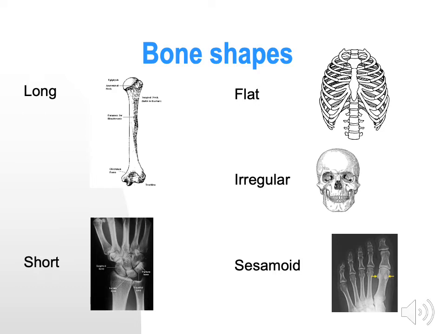Suture is a type of immovable joint where the bones are joined very, very tightly together by tough tissues, so no movement occurs. And we get them in between the bones of our cranium, so in our skull. And there may be very, very small bones within those sort of connective tissues. The number varies from person to person, and there aren't specific ones that we need to be aware of or need to be able to identify.